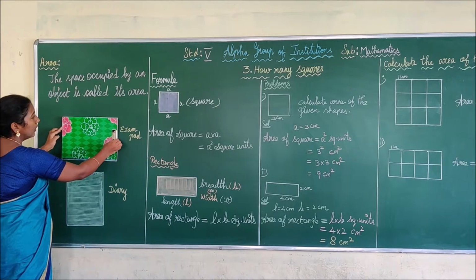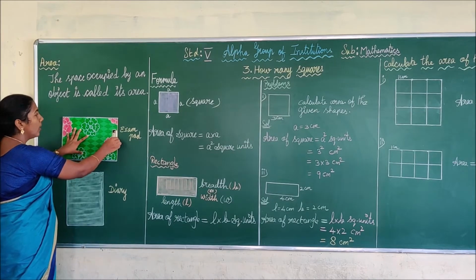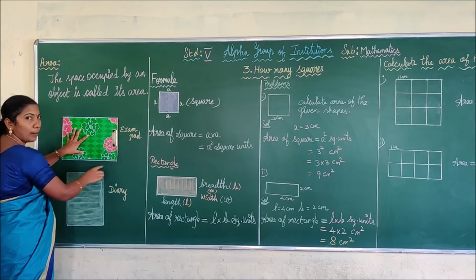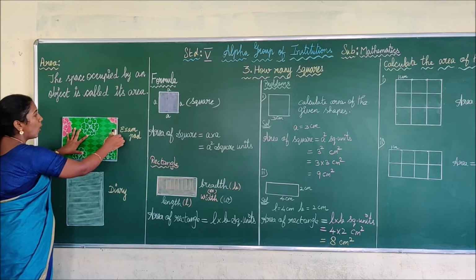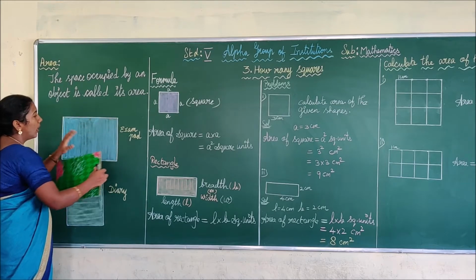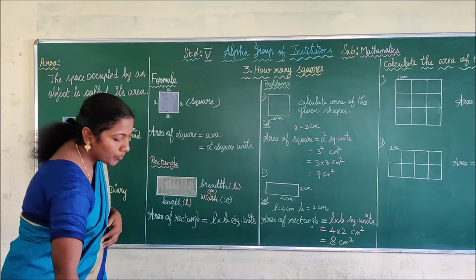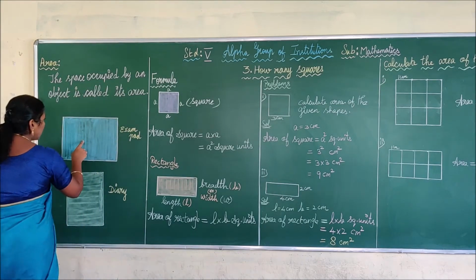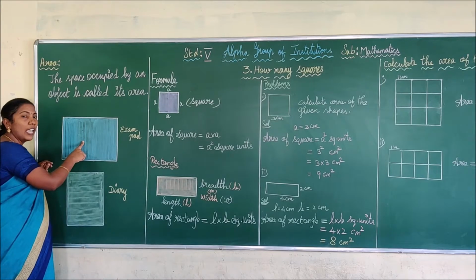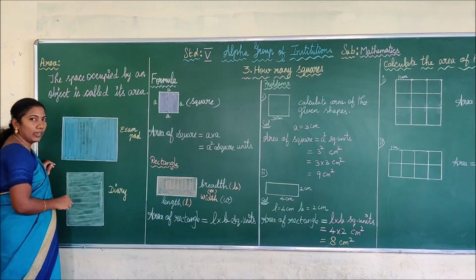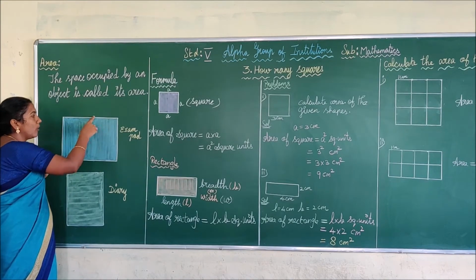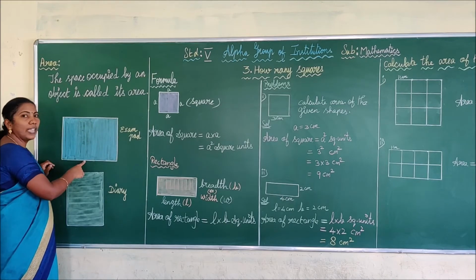See here, I have already drawn the outline for this exam pad, and I have also shaded this region. Now we call this shaded region the area of the exam pad. That is, the region enclosed by the outline of the exam pad is called its area.